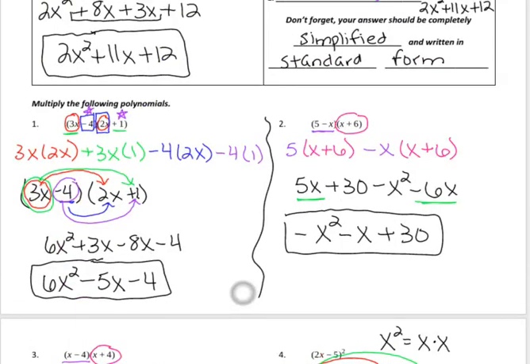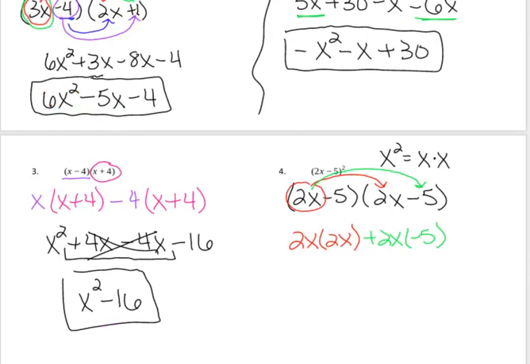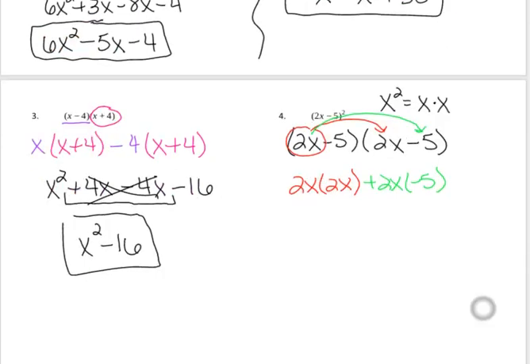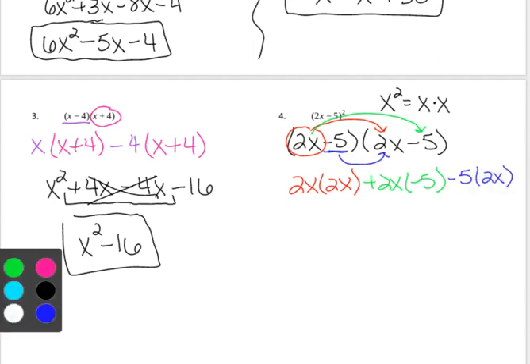And then I'm going to take, what do I need next? Blue. So now I'm going to do this negative 5, and I'm going to multiply it by 2x. And then finally, I'm going to do this negative 5, and I'm going to multiply it by negative 5.